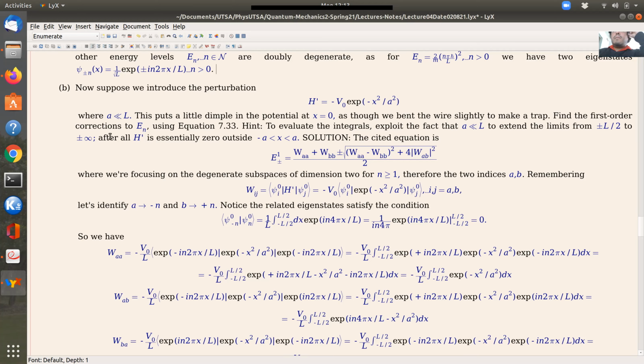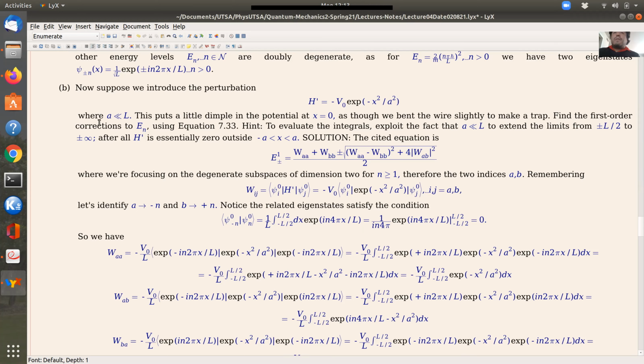And by assumption, we're going to think that the value of a is much smaller than L. So that is done because it's like some sort of well-concentrated Gaussian. So again, it's like a little dimple in the potential, as if close to 0, you're making a perturbation to trap the bead that is running along the circle. So that's why they think about it like a trap.